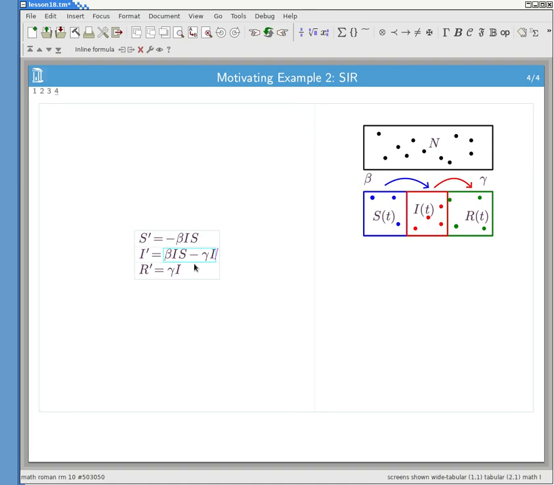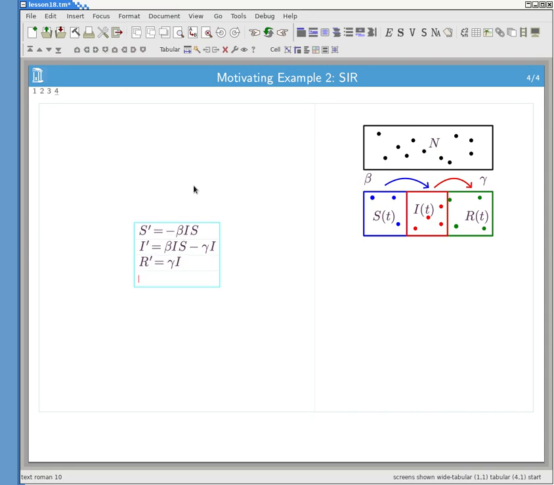This is the susceptible infected recovered, or susceptible infectious recovered model that is a cornerstone of epidemiology. Now, note that this particular model is now nonlinear. It is nonlinear in the sense that we have identified three dependent variables, S, I, and R. All of these are functions of time.